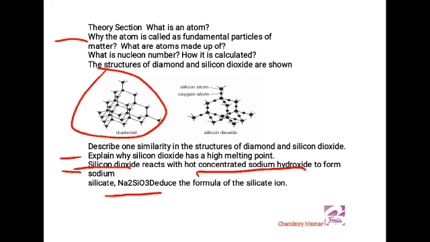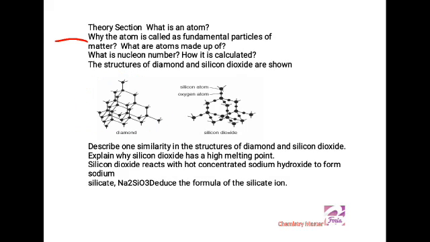And the next is deduce the formula of the silicate ion. Now how can you write this formula? Using the crisscross method, you can deduce or predict the formula of the silicate ion. As you can see, there are two sodium atoms.